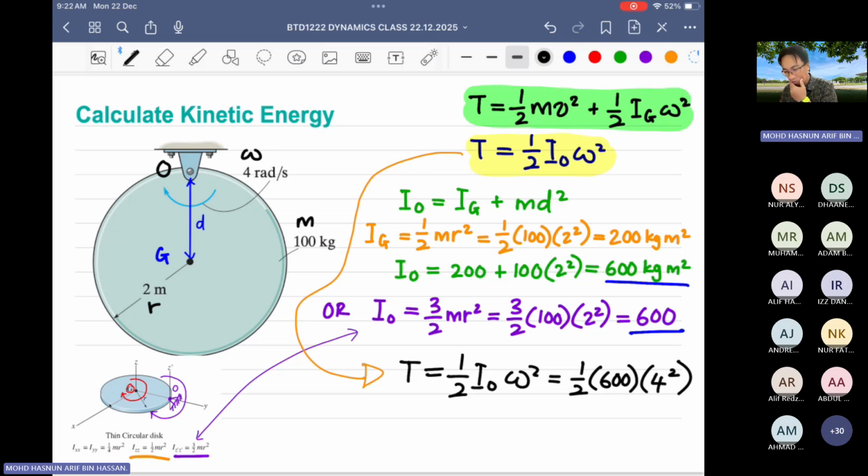Some of the students in the previous semester forgot to put the square there, which will generate the wrong answer for the kinetic energy. So T will be equal to 1 over 2 times 600 times 4 square, which will give you 4,800 joule. This is the value of the kinetic energy of this problem.